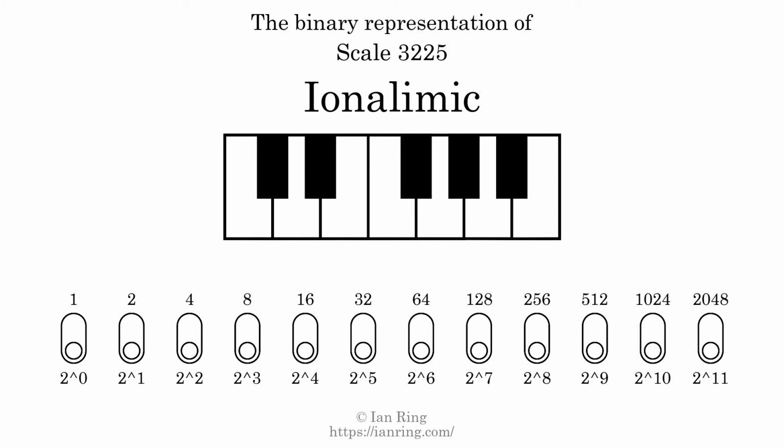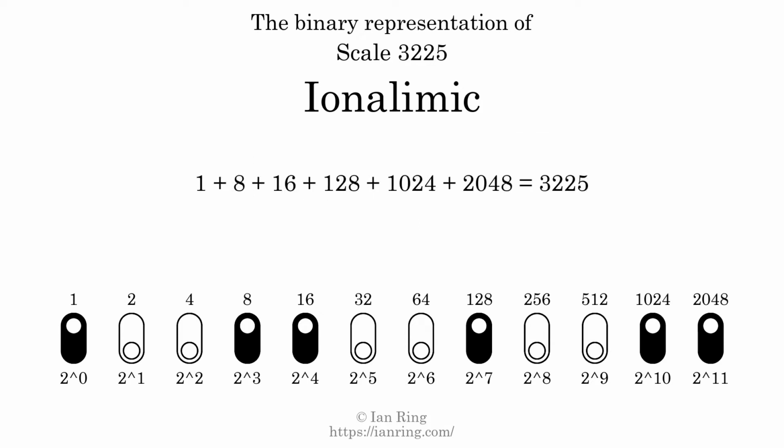The binary representation of this scale is determined by mapping tones of the scale to binary digits. Each binary digit represents a power of 2. To get the scale number, we add the powers of 2 together. The powers of 2 that are present in the scale, all added together, equals 3225.